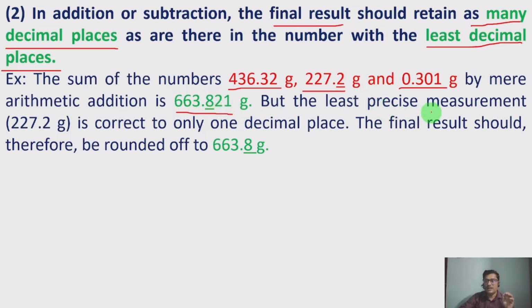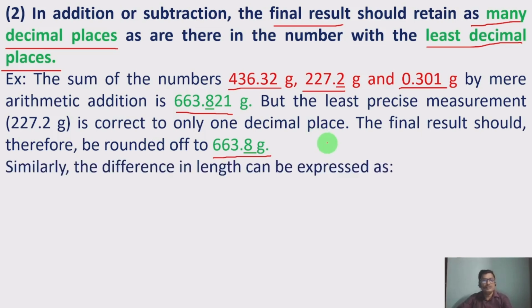The least precise measurement, 227.2 gram, is correct to only one decimal place. Therefore the final result should be rounded off to 663.8, considering only one decimal place.